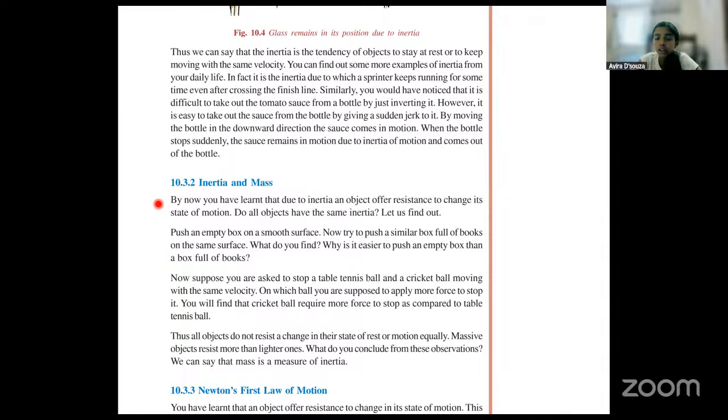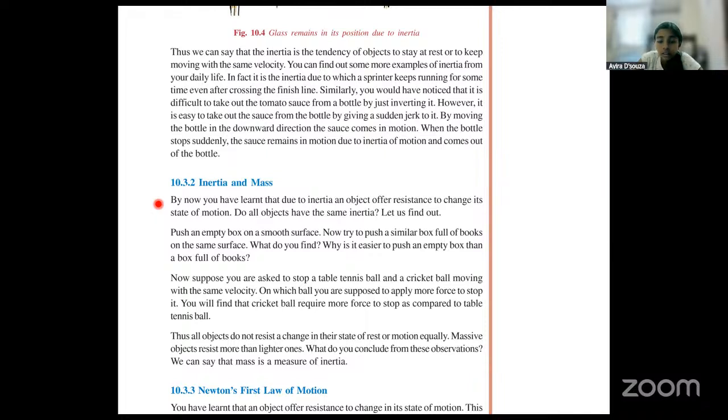Why is it easier to push an empty box than a box full of books? Now suppose you are asked to stop a table tennis ball and a cricket ball moving with the same velocity. On which ball are you supposed to apply more force to stop it? You will find that the cricket ball requires more force to stop as compared to a table tennis ball.